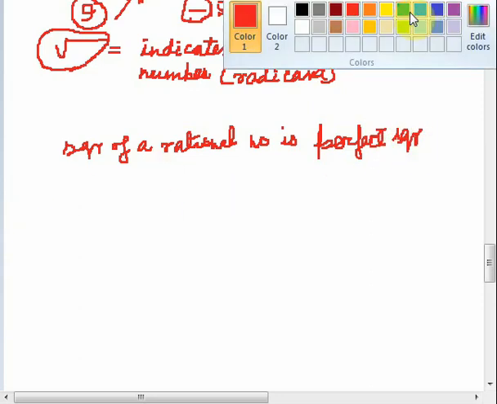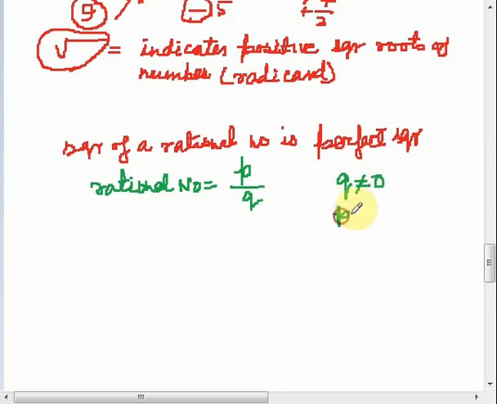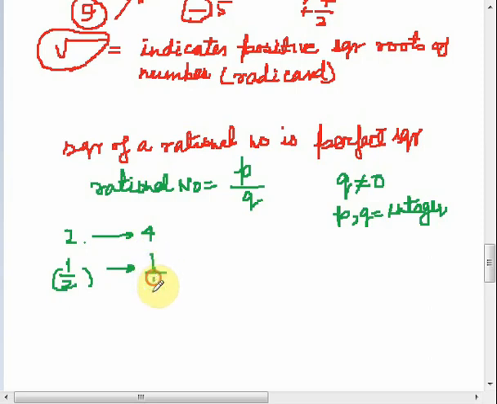A number which can be written in the form p upon q, q not equal to 0, p comma q integers. So the square of any rational number is a perfect square. Suppose our rational number is 2, so its square is 4. Suppose our rational number is 1 upon 2, its square is 1 upon 4. So these are perfect squares.